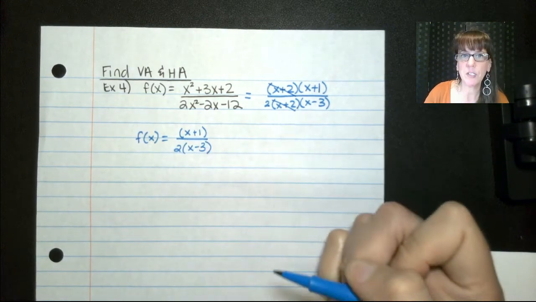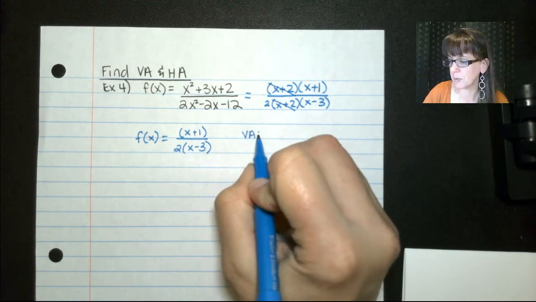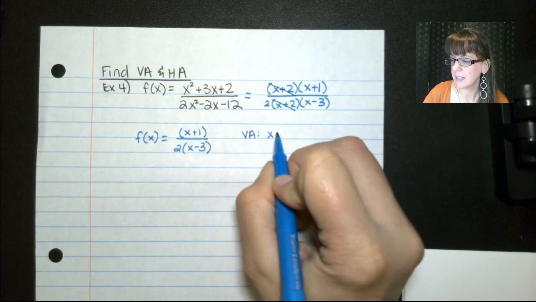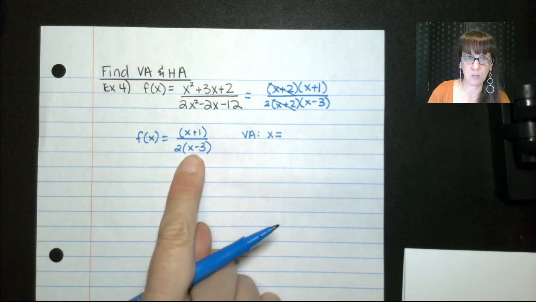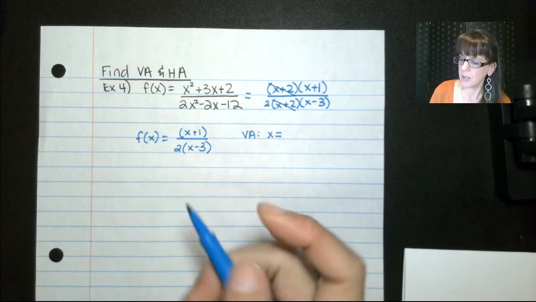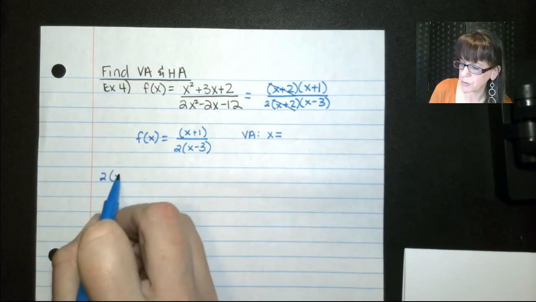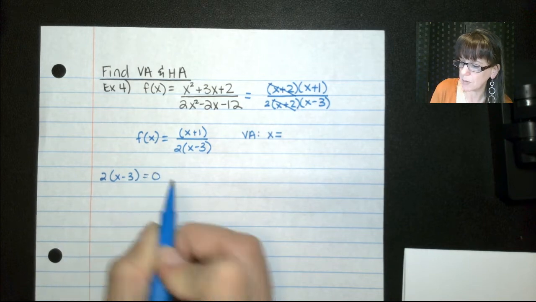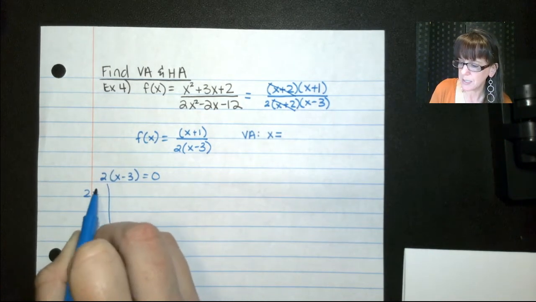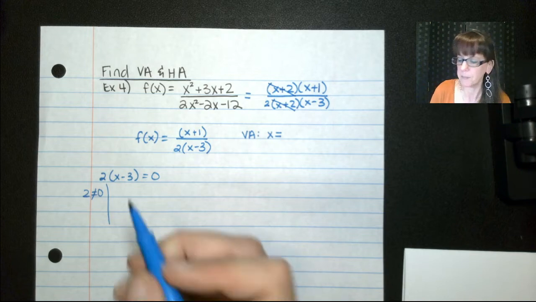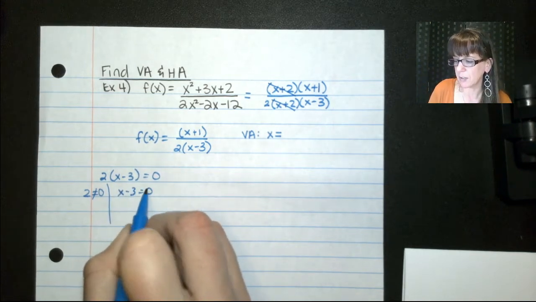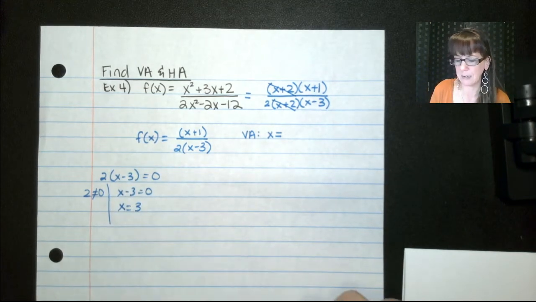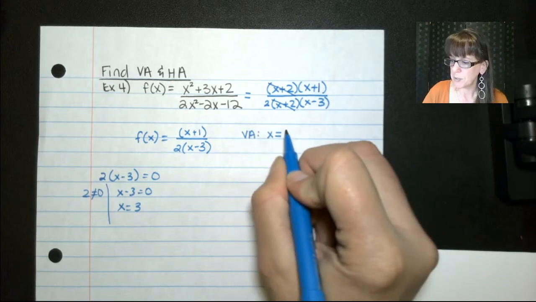It's important that we do that because now our vertical asymptote is just x equals, and we would set this equal to 0. Let me do a little side work here so I can show you this. If we set this whole thing equal to 0, we get 2 does not equal 0, so the 2 doesn't matter. And then we get x minus 3 equals 0, and just like we've been doing, x equals +3. So our vertical asymptote is x equals 3.